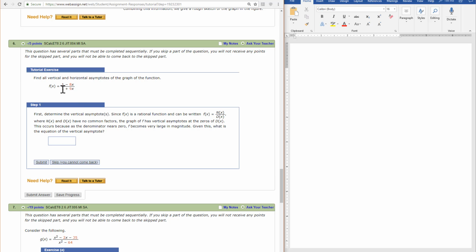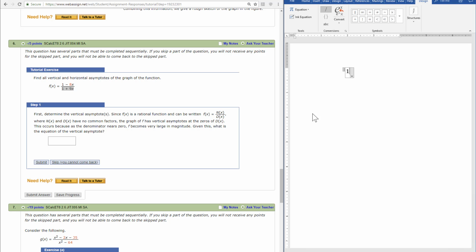So the vertical asymptote would be obtained when we set this thing equal to 0. So if we set this equal to 0, we're going to get 1 plus 9x equal to 0. Maybe we can write that down here. And then we're going to solve for that by bringing the 1 over to the other side.